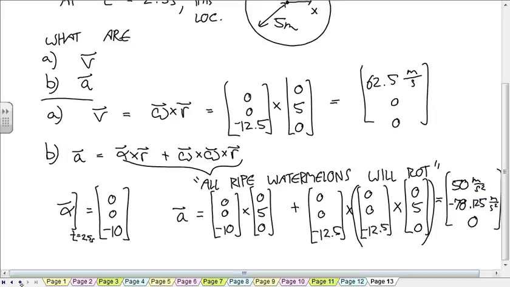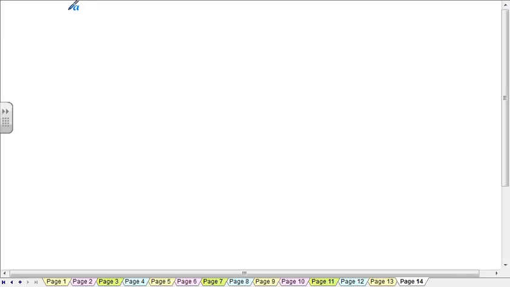Okay, what about, so this goes nicely with the relative motion equations.